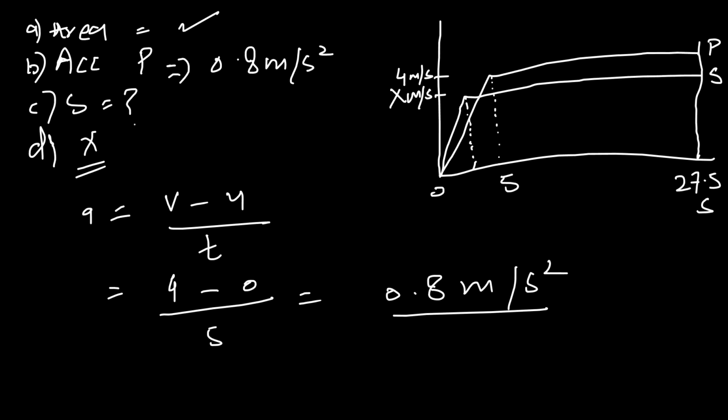In our original problem, Pat's velocity was 4 meters per second, and in the velocity time graph of Pat and Sam, Sam's maximum velocity was shown to be lesser than Pat's.